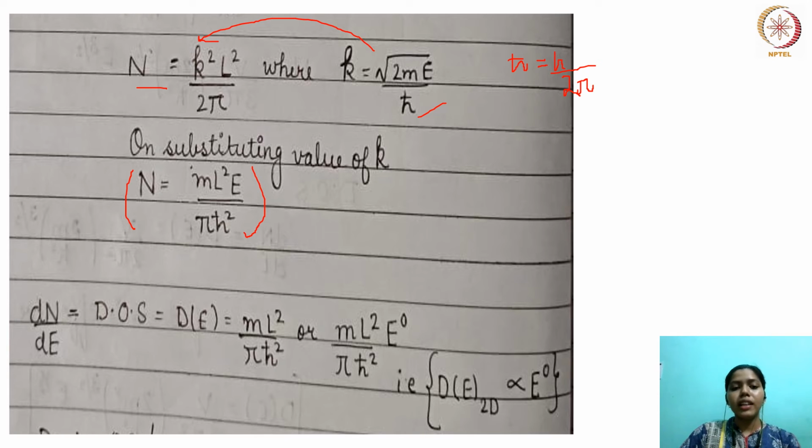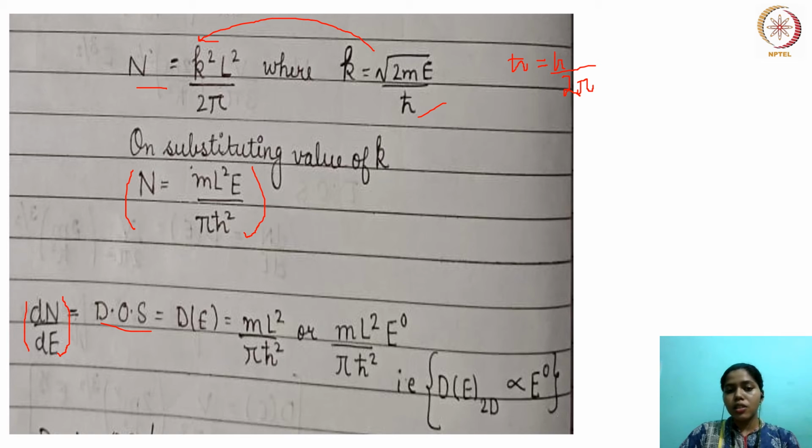To find the density of states, we represent it by the symbol capital D, and it is obtained by differentiating this n with respect to E one time. When we differentiate, we get m L square divided by pi h cut square.